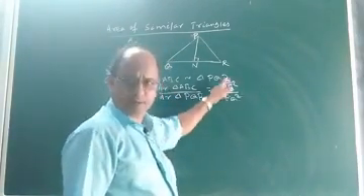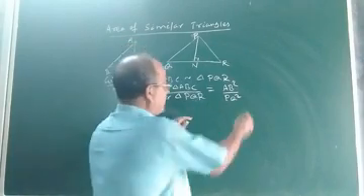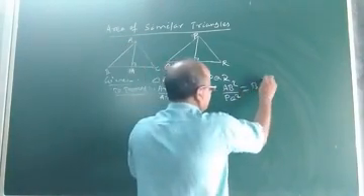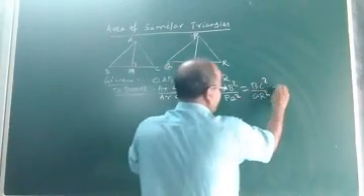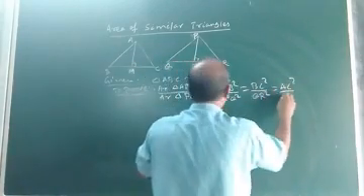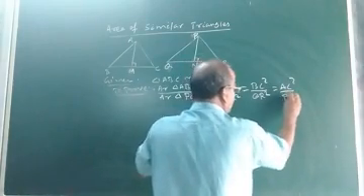So the square of the corresponding sides is AB square by PQ square. It is again equal to BC square by QR square, and again equal to AC square by PR square. So how to prove it?